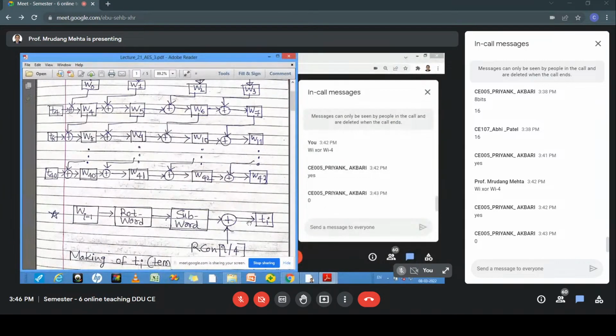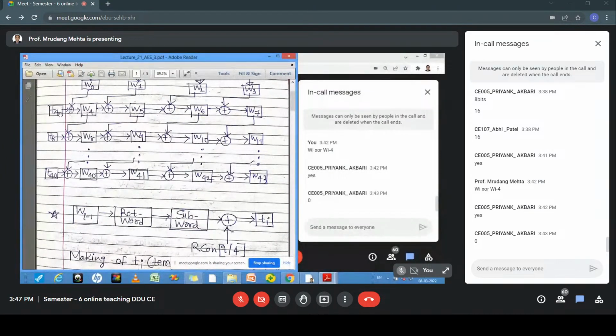So T4 is equal to W3, rotate the word, substitute the word, XOR with R constant 1, i equal to 4, so 4 by 4. So W4 is W0, i minus 1 means 4 minus 4. So W0 and T4.